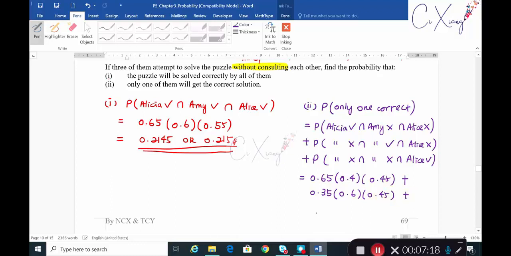And the third case is what? For the third case, Alicia answers wrongly, 0.35, Amy answers wrongly, 0.4, and Alice answers correctly is 0.55. So you just multiply the probabilities straight away to complete a case, and you add the probability of the other cases. And if you simplify the whole thing here, you'll get the answer 0.2885, or 0.289.